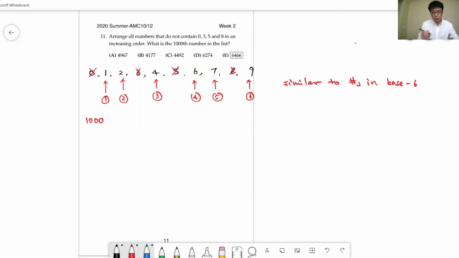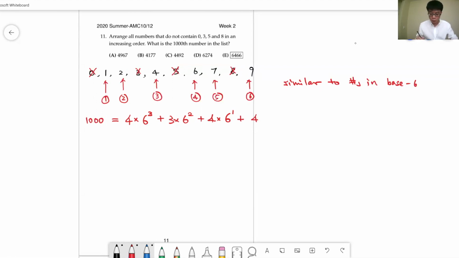And 1000 divided by 6 cubed, we get the quotient equals 4. So it's 4 times 6 cubed. That's the leading term. And then when we subtract this and divide by 6 squared, we have quotient 3. So 3 times 6 squared. And then when we subtract these numbers and divide by 6, we get 4, so 4 times 6 to the first power. And finally, we have 4.